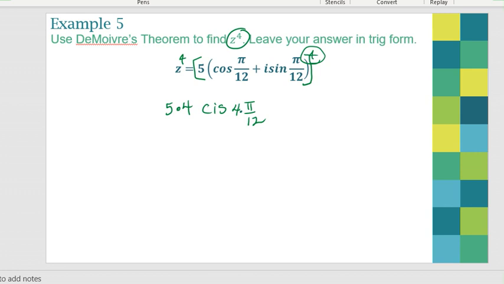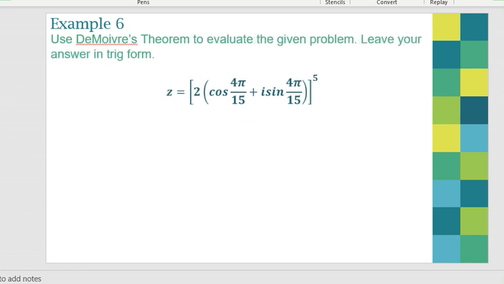Because that's the rule. Now, if you cannot do this without a calculator and get it right, then by all means, use a calculator. And this is not a times, this is raised to the 4th power. My bad. This is a total of 625 cis pi over 3.